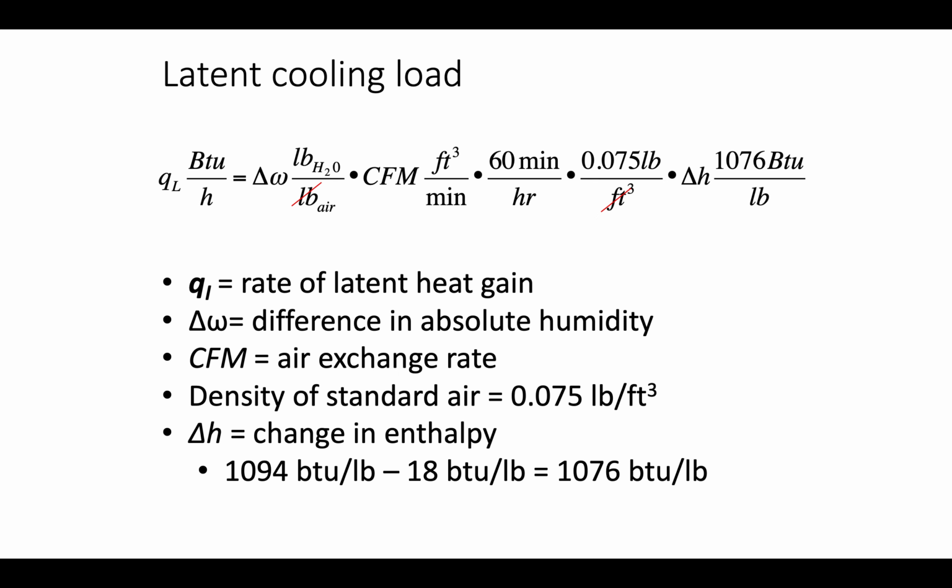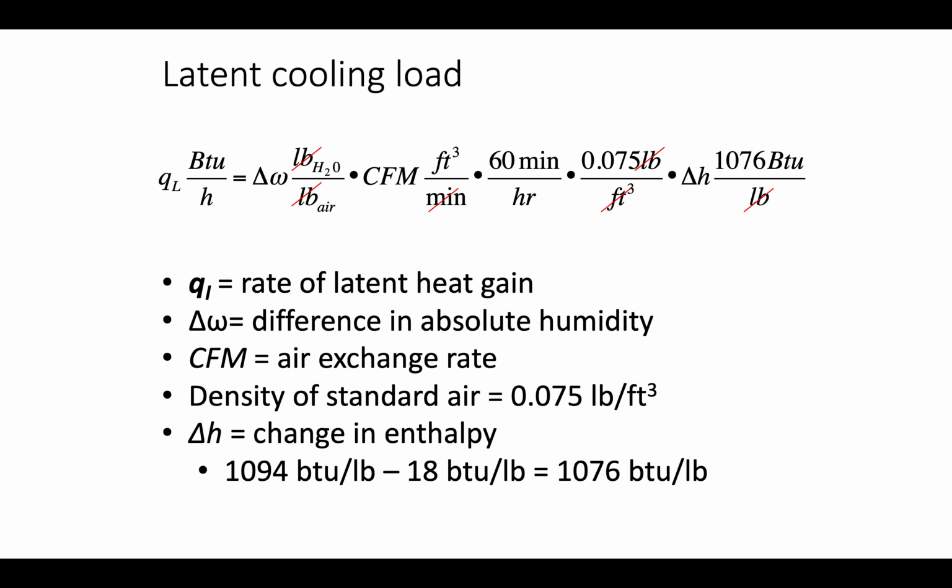So for every pound of air, we need to use the enthalpy of standard air, because we're going to standard air. And we're going to have the pounds of water that are condensed out when we do the removal of excess water, when air conditioning does what it does.